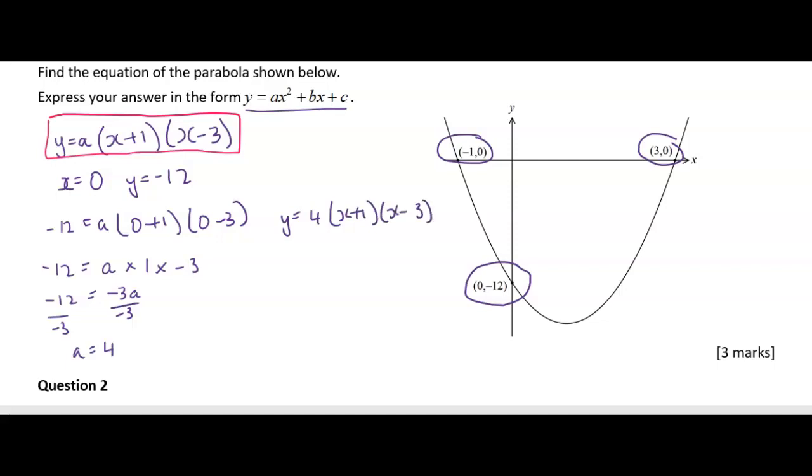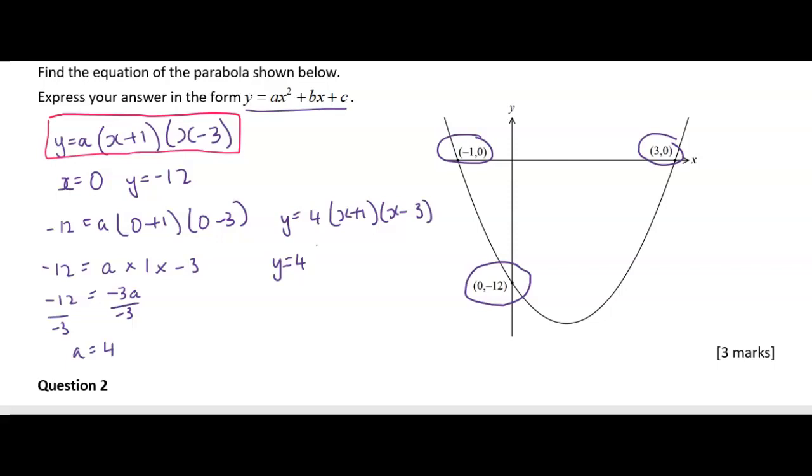Now at this point, it's not in expanded form, so we do have to expand it. So let's go ahead and expand it now. So keep that 4 out the front for now and do your expansion. So hopefully you can expand binomials by now.